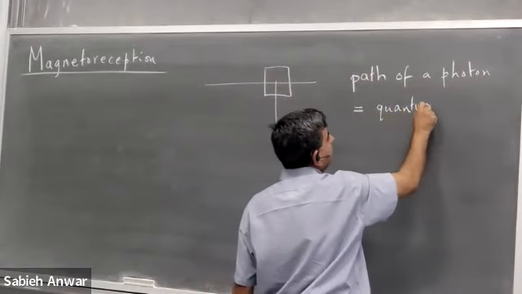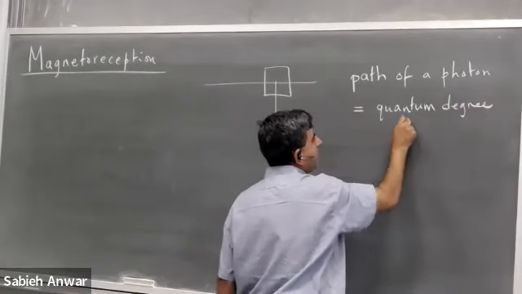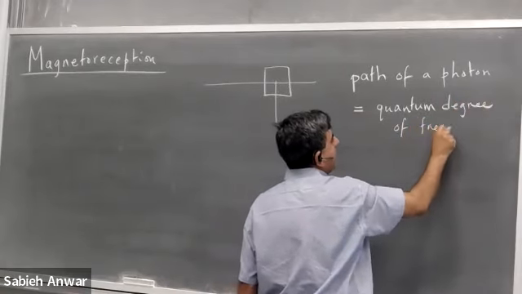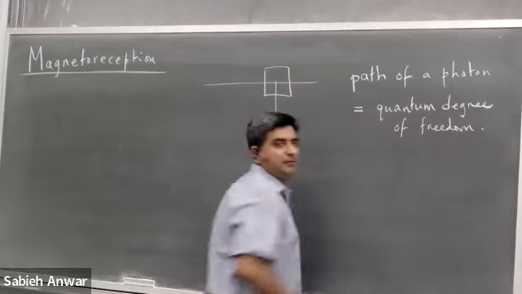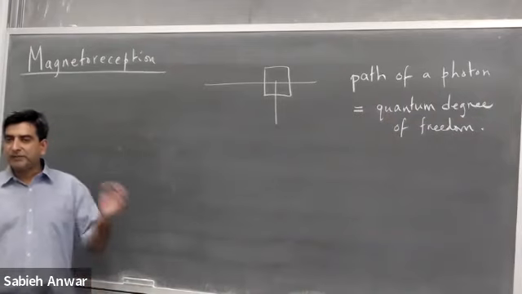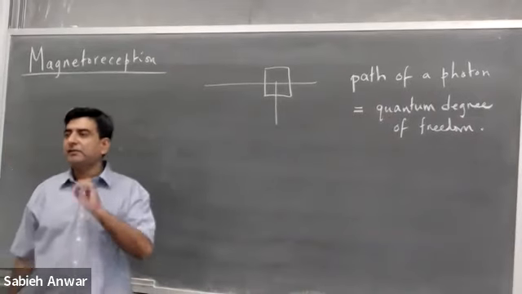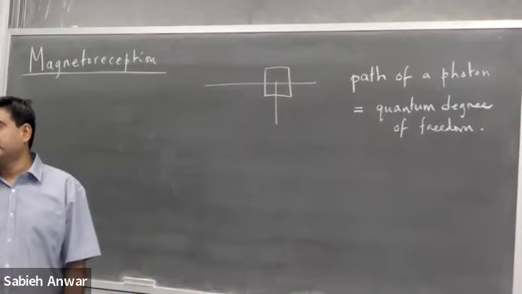More precisely, this is called a quantum degree of freedom. There could be other degrees of freedom as well. And what is relevant for the concept of magnetoreception is the spin degree of freedom.